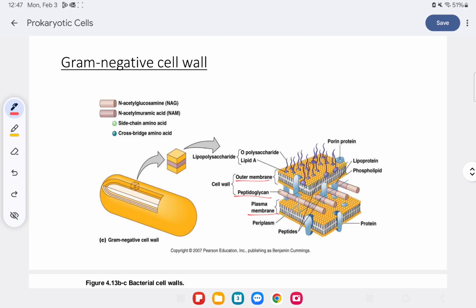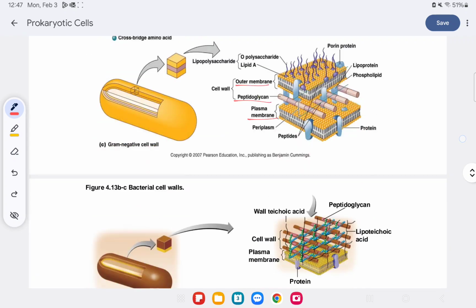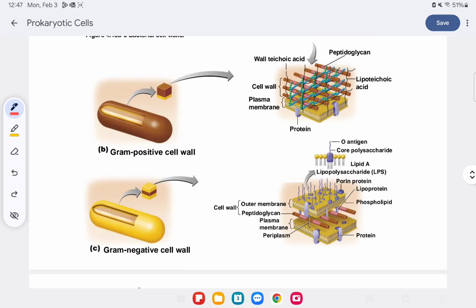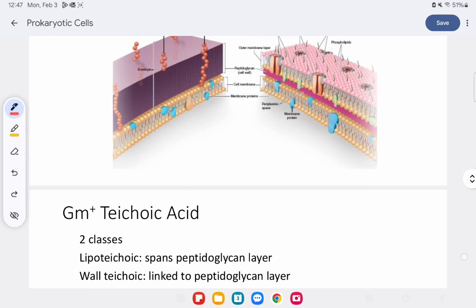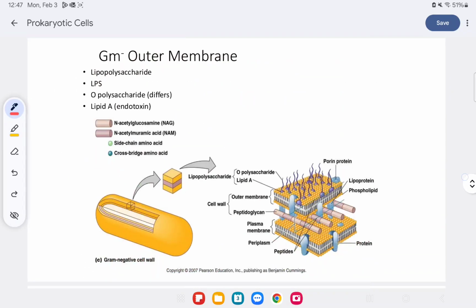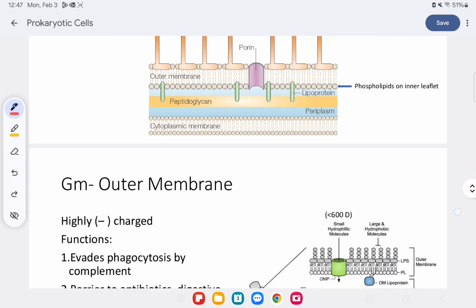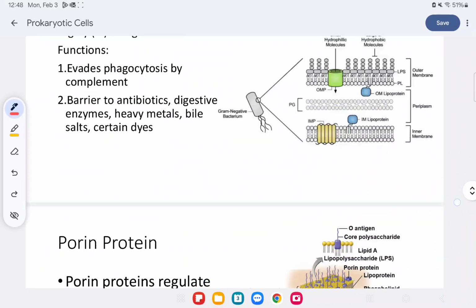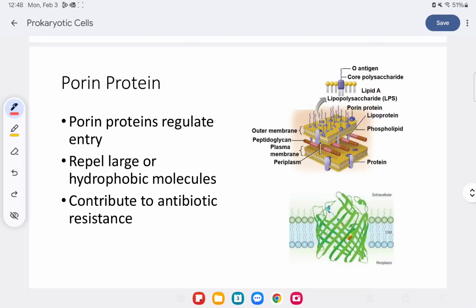This is the lipid, and then we have the O polysaccharide right there, and we have porins, which look like this, beta barrels. We have alpha helices or beta sheets for the secondary structure of proteins, and this is a beta barrel, so it's a pore that comes through.